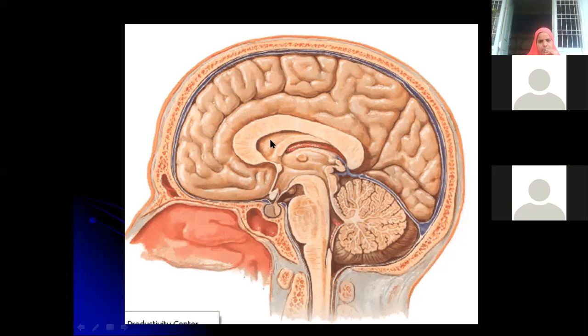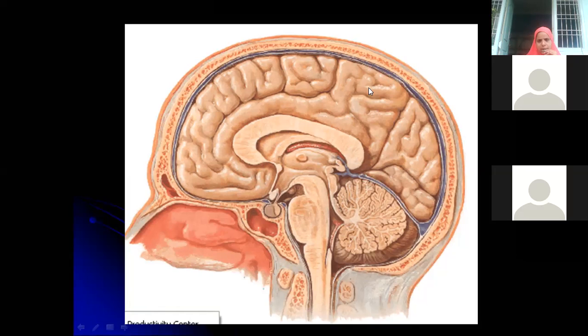If you remove this septum pellucidum, yesterday also when I was talking about some other topic, I told you we have a thin membrane-like, curtain-like structure which is attached to the lower end of the corpus callosum. You just cut it, you will be entering into the cavity. You can insert your finger anteriorly, posteriorly, and inferiorly. That means we have empty space behind this curtain, that is the septum pellucidum.